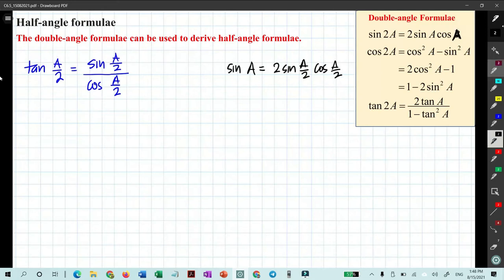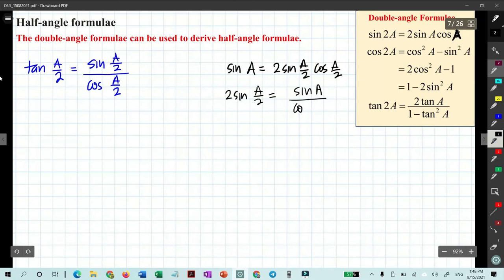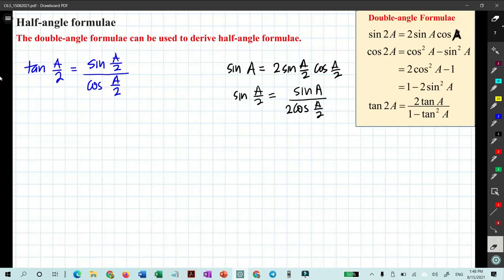Okay, we can write 2 sine a over 2 as sine a over cos a over 2, and then when you divide the whole thing by 2, you get 2 here and these two will be eliminated. So basically sine a over 2 is equal to sine a over 2 cos a over 2.